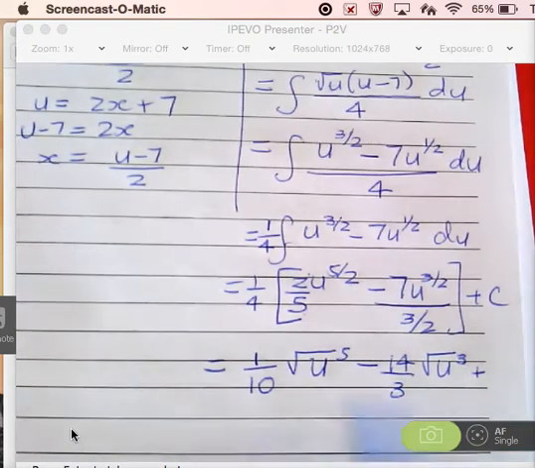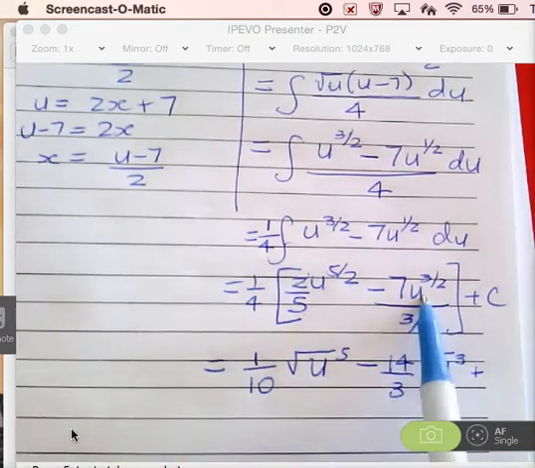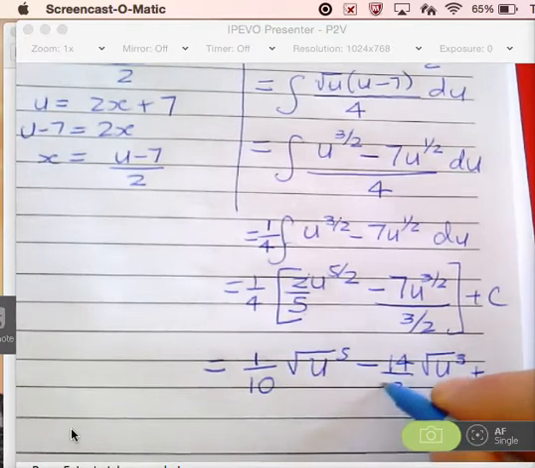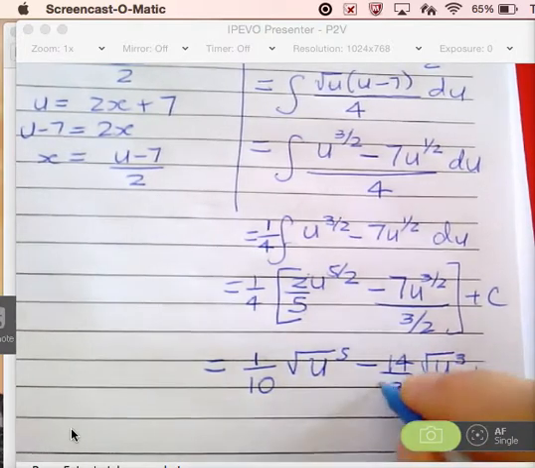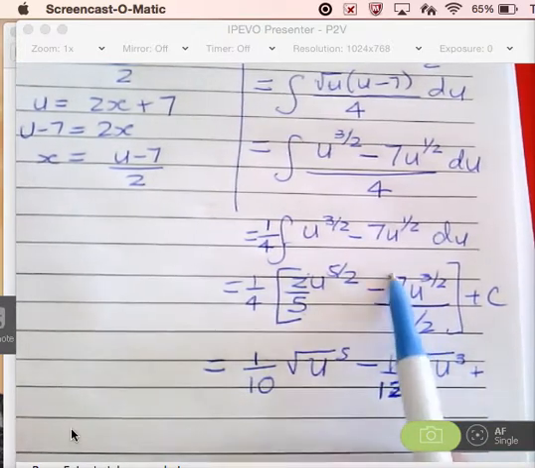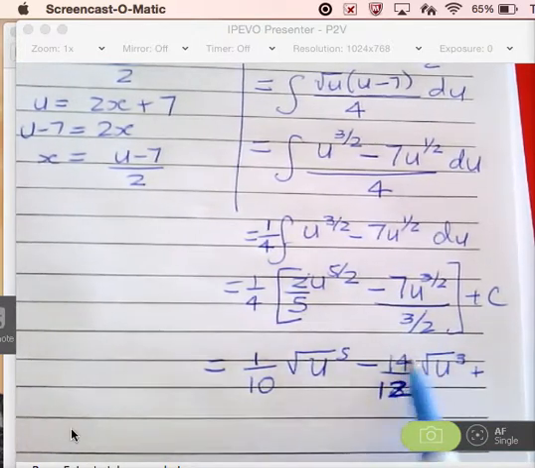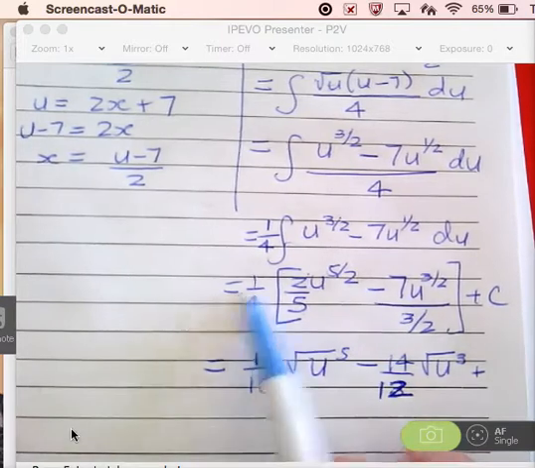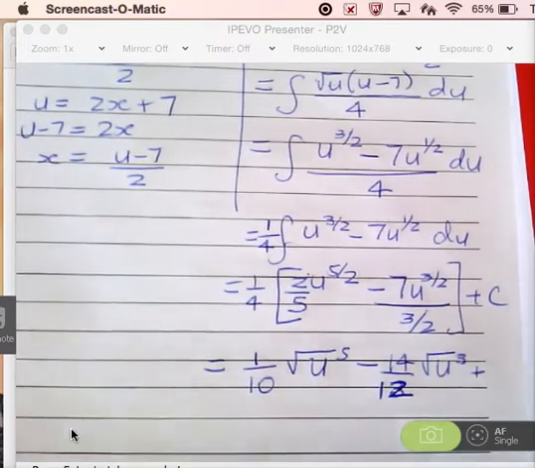Tell me what I didn't do. I didn't multiply the second one by a quarter. What happens to the bottom? 12. Are we okay with that? Girls, it's a quarter times 14 on 3, so it's 14 on 12. It's a quarter times that and a quarter times that.